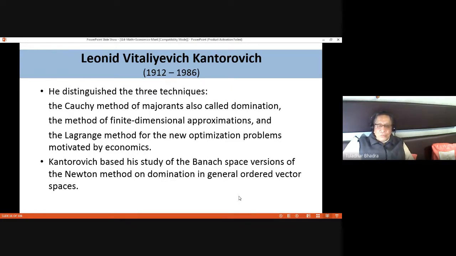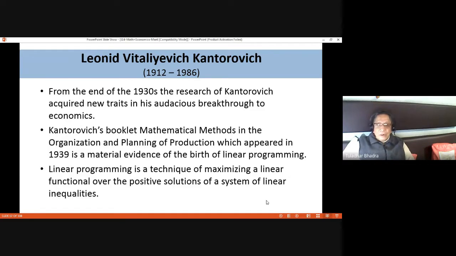Kantorovich based his study of the Banach-based versions of the Newton methods on domination in general order vector spaces. From the end of the 1930s, the source of his work acquired new traits in his audacious breakthrough to economics. Kantorovich's booklet, Mathematical Methods in the Organization and Planning of Production, which appeared in 1939, is material evidence of the birth of linear programming.